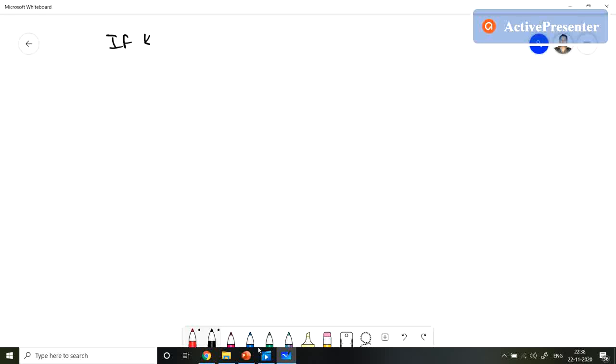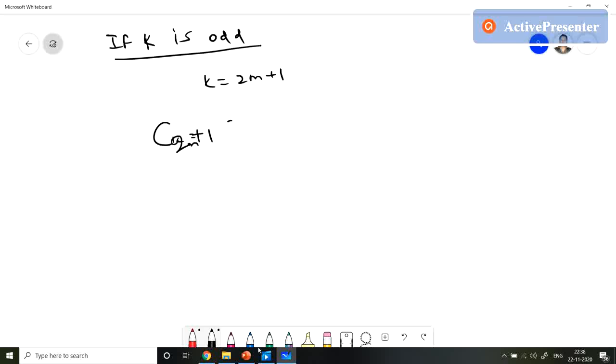Let us take another case. If k is odd, then k is equal to 2m plus 1. So c of 2m plus 1 is equal to 1 minus minus 1 raised to the power 2m plus 1 divided by 2j, instead of k we are using 2m plus 1, into pi.